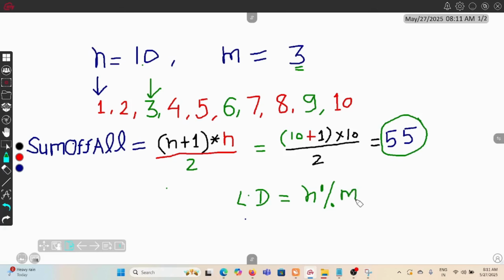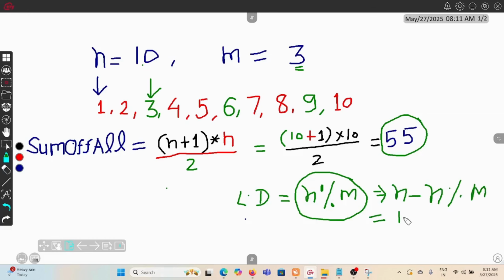If we deduct n remainder m from n, it would always give us the last divisible value. So basically the formula would be n minus n % m. You can check here: 10 % 3 would be 1 only, so 10 minus 1, and the last divisible value would be 9. So this would be our last term.